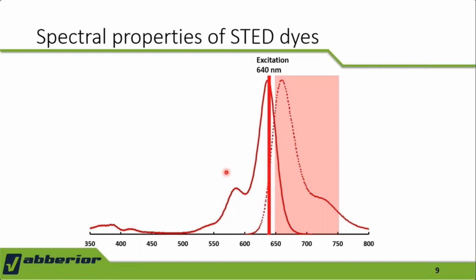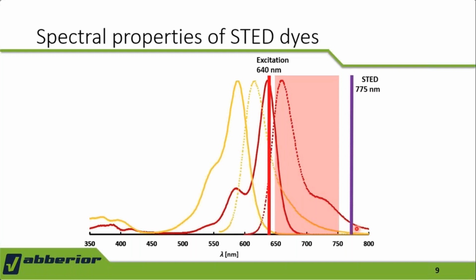We have our detection window, and then also our STED laser. And this STED laser has to overlap with the fluorescence spectra of our dye for stimulated emission. So we can add another fluorophore, which also fits, so that we can excite it with a second laser. So we have then a second detection window, and it can also be used with a STED laser.